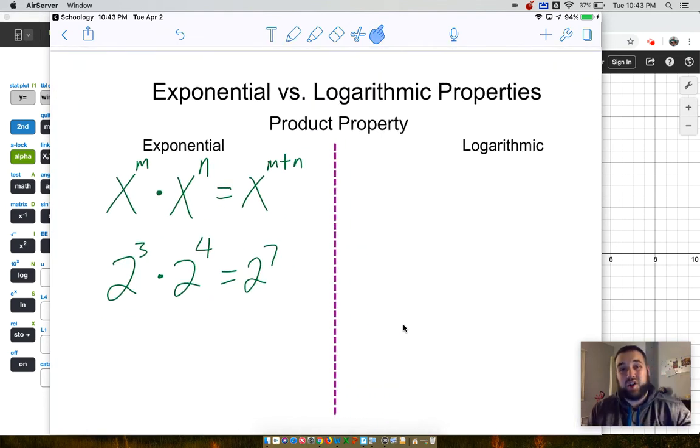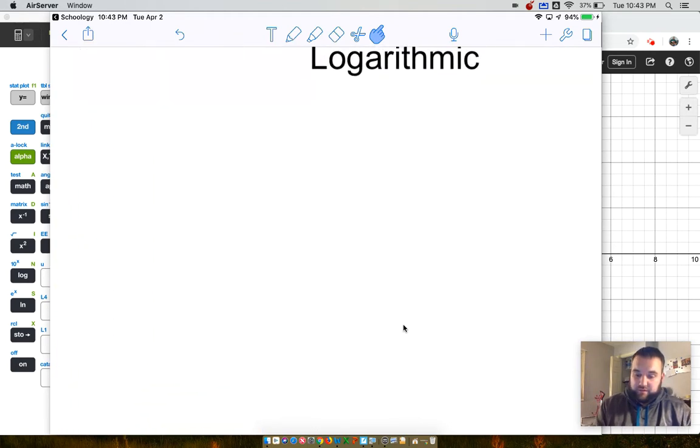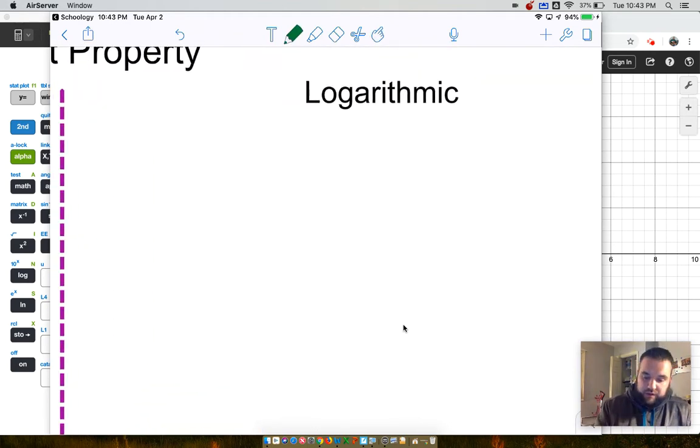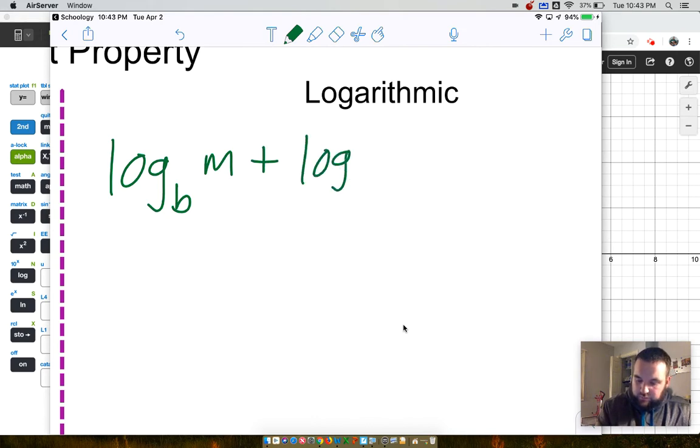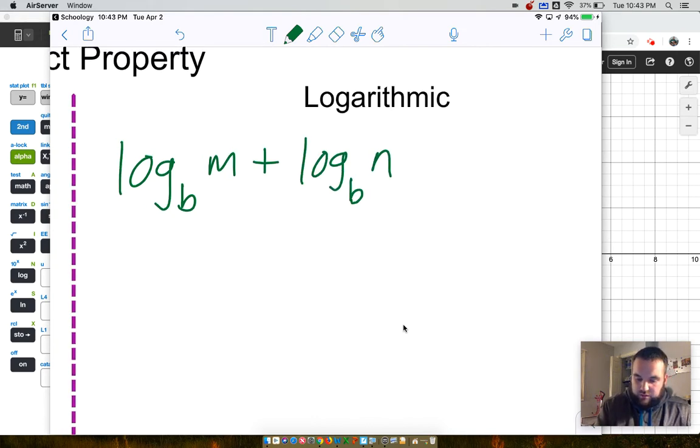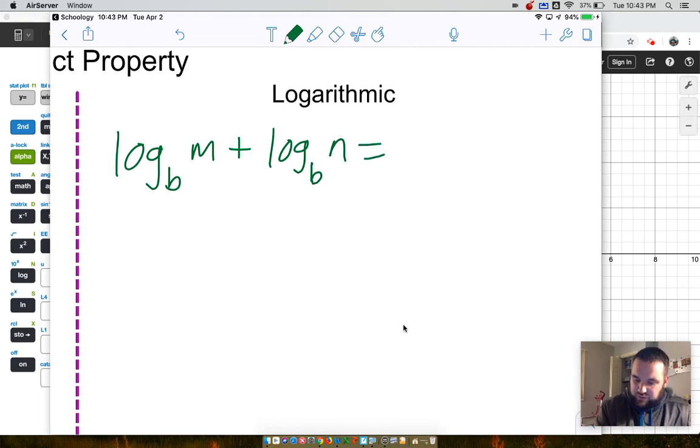And again, because the logs are just straight inverses, almost the same thing's true, but adding and multiplying are going to switch spots. So the logarithmic version, and the first property that we need to know, is that if I have log base b of m plus log base b of n, what I can do is combine those into a single logarithm by multiplying their arguments.